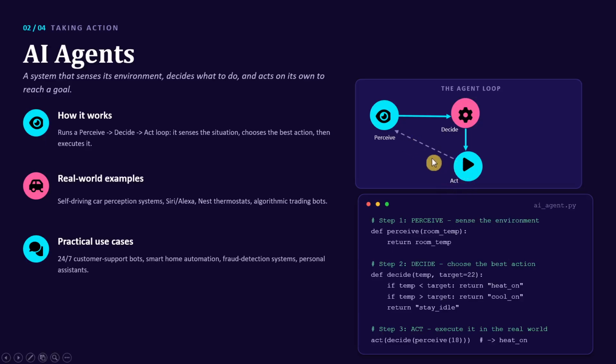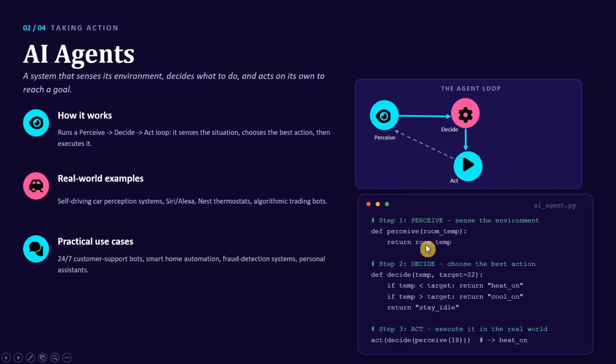Then again it will perceive. There will be a loop: if whatever has been planned doesn't work, what next set of actions should be taken? That is self learning, which is a part of this AI agent.